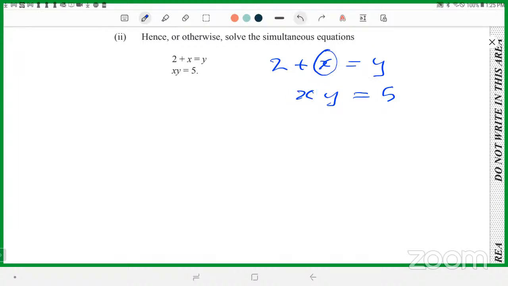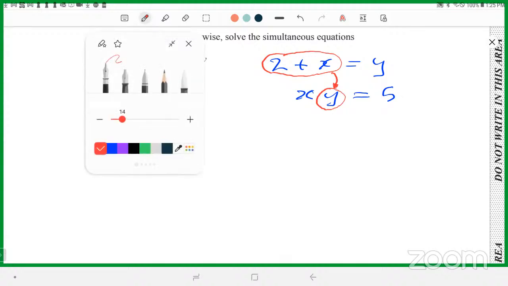Because they are the same, you can substitute these two for each other. The line equation is saying that y is equal to this. So I can use that the line is saying y is equal to this and substitute it for what the y is in the curve. That's how we can make that substitution, because the y values are the same. So I'm going to substitute the line equation into the curve equation.